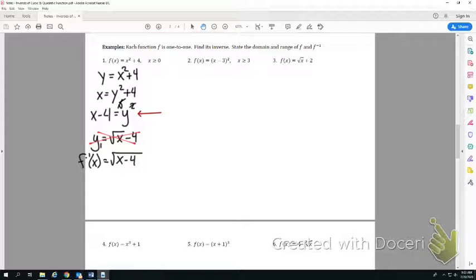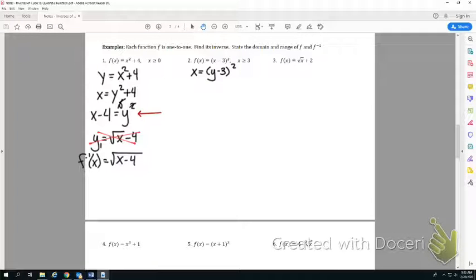Going to number 2. So I'm going to go ahead and switch x and y just on this first step. Now on this one, what am I going to do first? What do I need to do first?